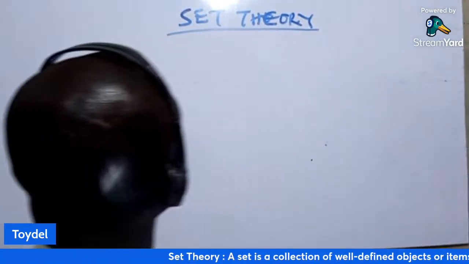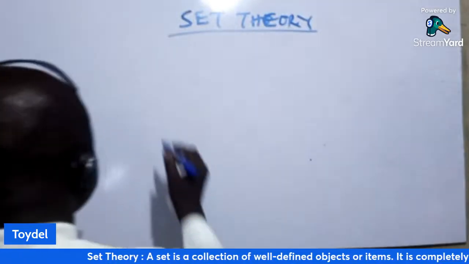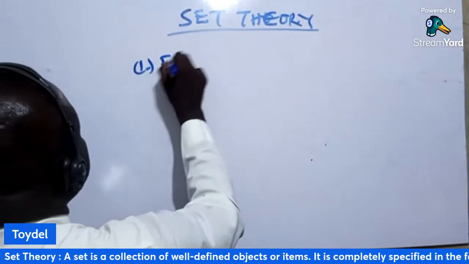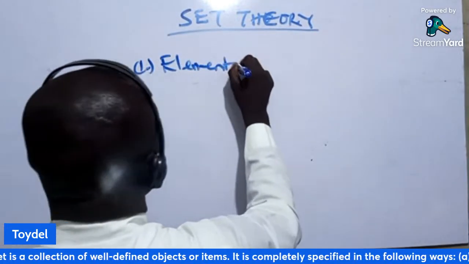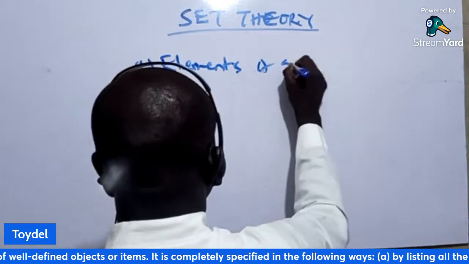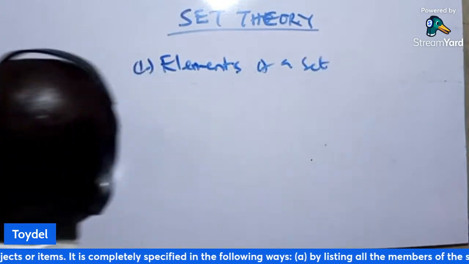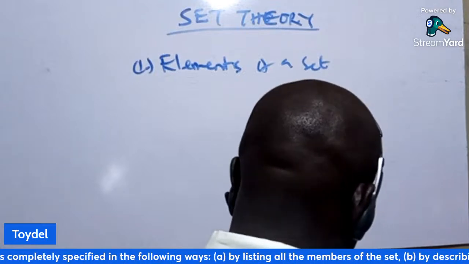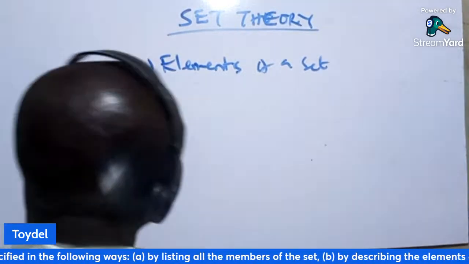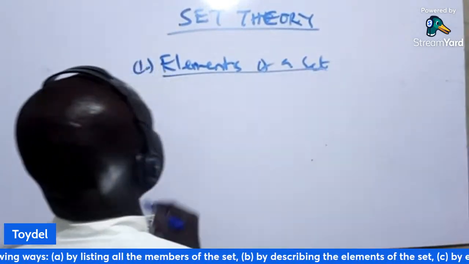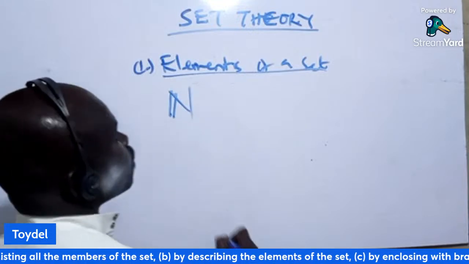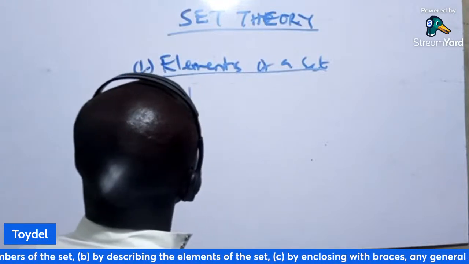Then I'm going to talk about some definitions. First, the elements of a set. Elements of a set are the members of a set, and are often called the elements of a set. For instance, I've introduced the set of numbers.